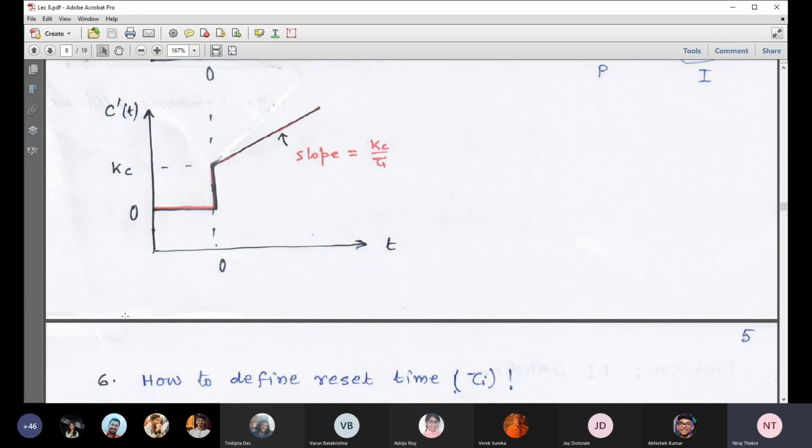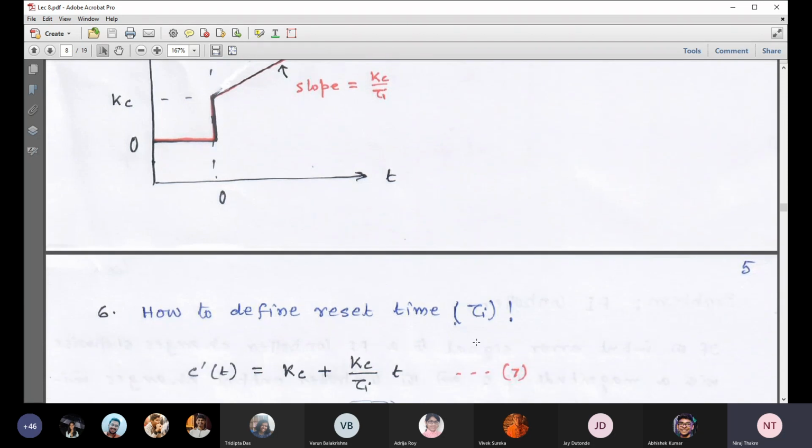Now we want to explain that tau I. See, this is the equation we just got. This is the PI controller equation in time domain. Fine.